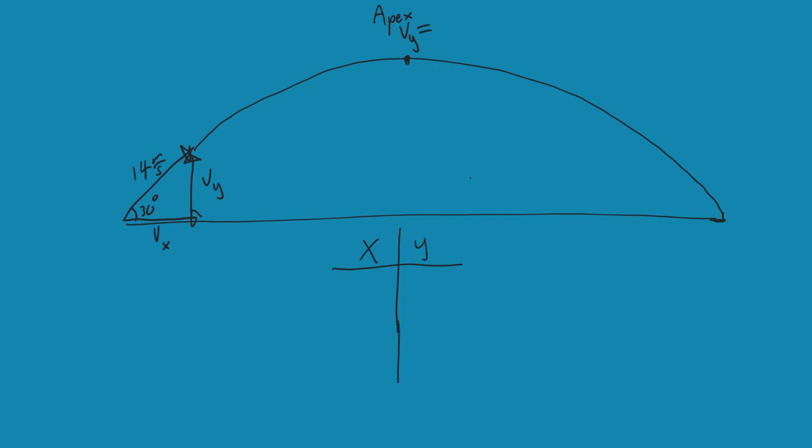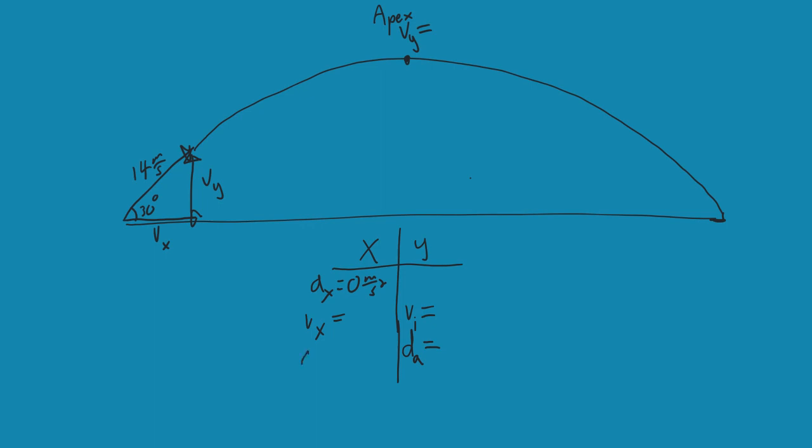And we know that we have an acceleration in the x direction of 0 meters per second squared. We don't know what our x velocity is, and we don't know what our initial velocity is in the vertical direction. We also don't know our vertical distance up to the very height, or actually, let's call this distance to the apex.